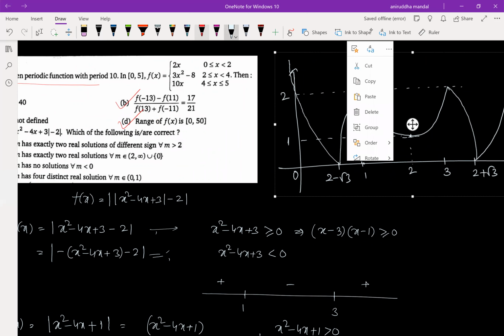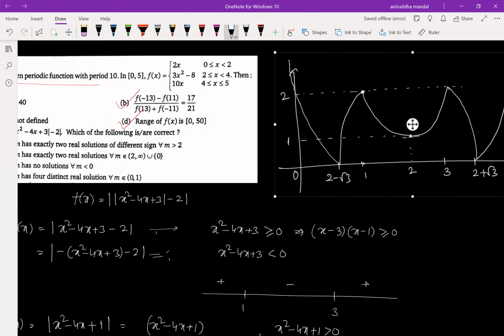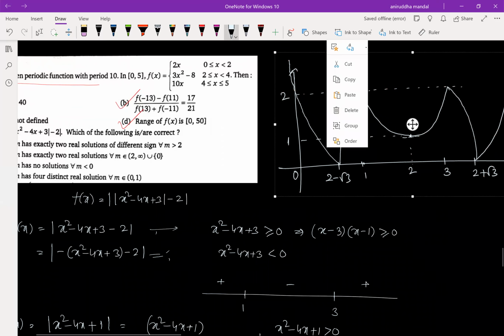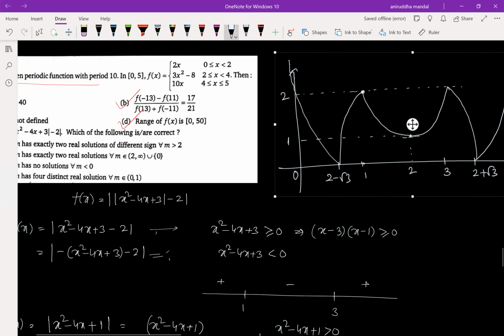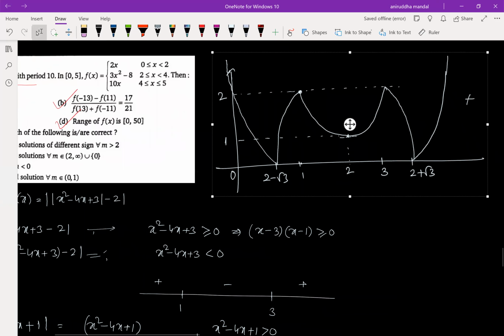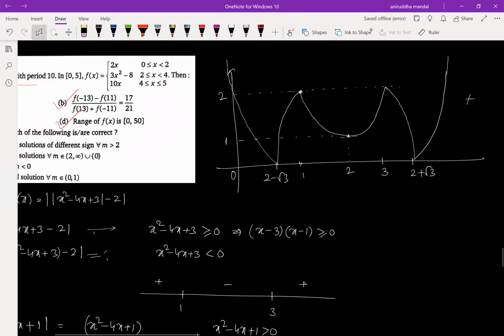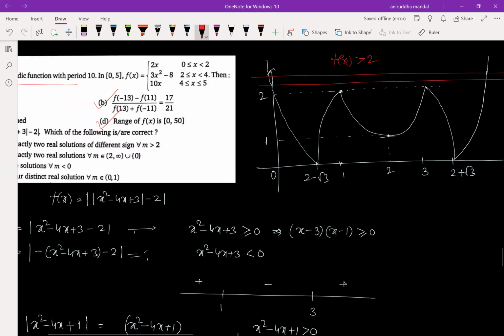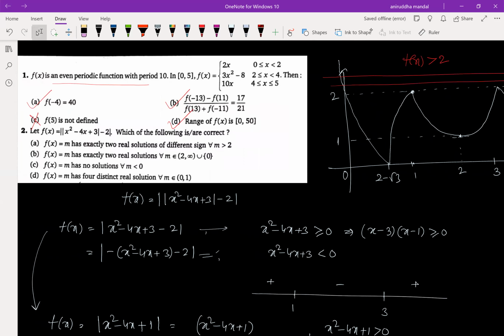So f(x) greater than 2 means it will cut at this point or this point. It will never touch this point. So which means for f(x) greater than 2, it has exactly two solutions. So option A is correct.